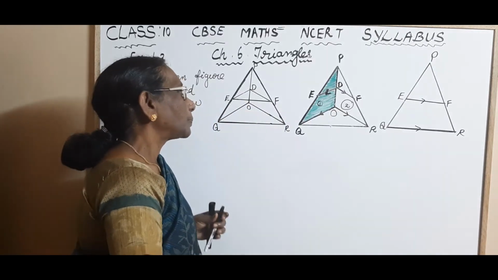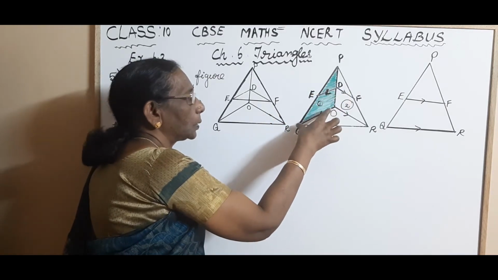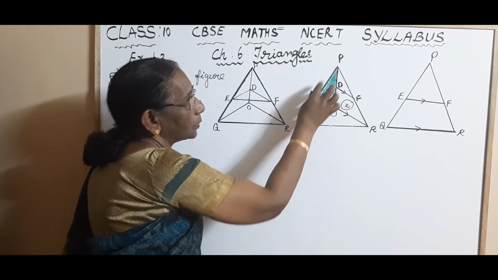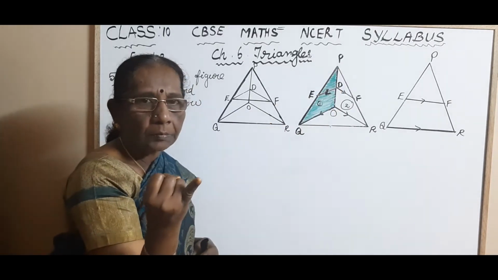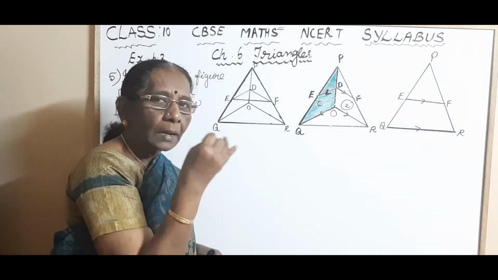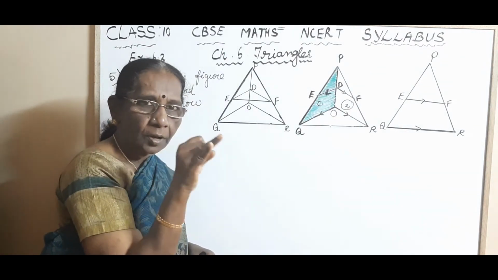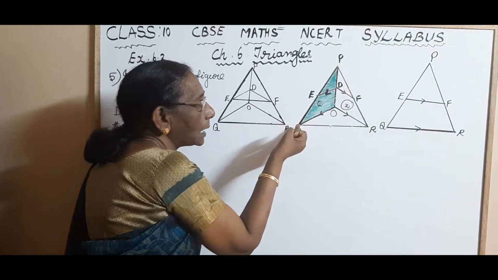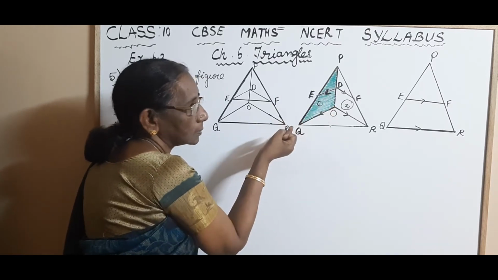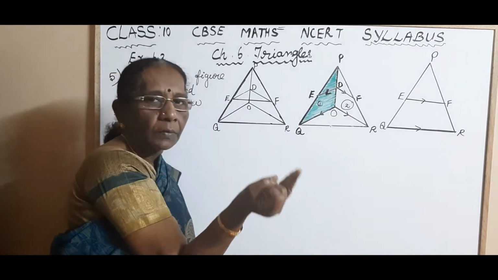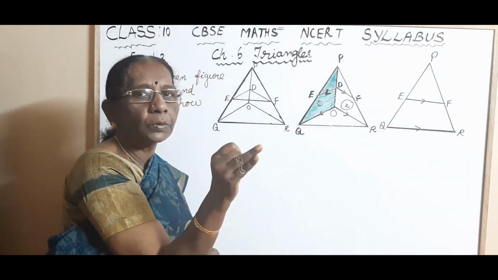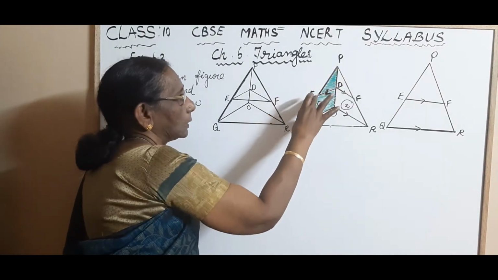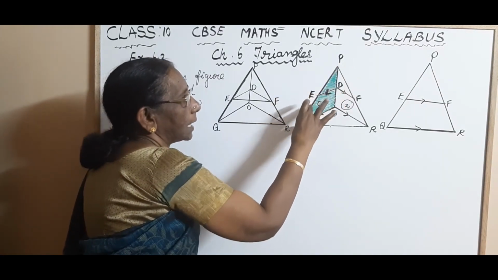So, DE parallel to OQ in which triangle? POQ. So, we are given a parallel line in a triangle. In a triangle, a line passing through the points E and D is parallel to its base. So, which theorem can you use? You have to use the BPT. Using BPT, you can write what? The other two sides are divided in the same ratio.